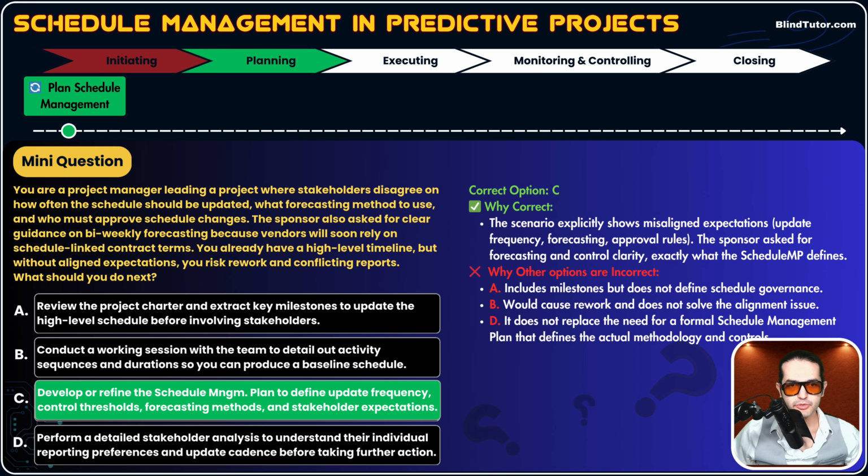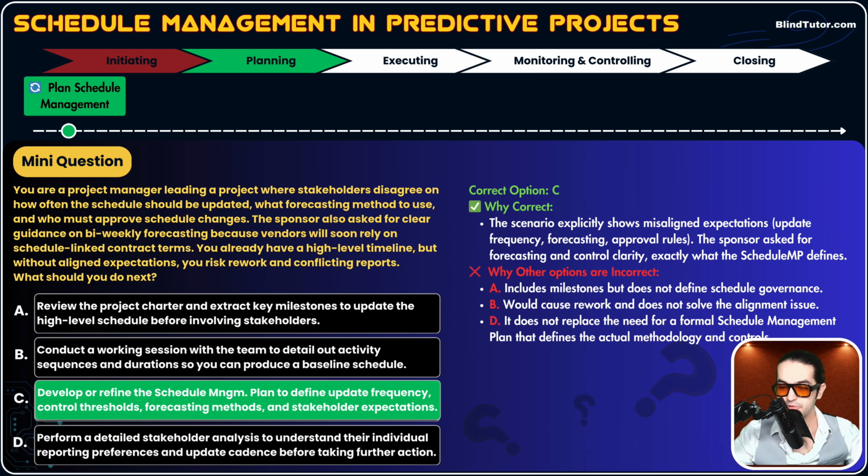Option D says perform a detailed stakeholder analysis to understand their individual reporting preferences and update cadence before taking further action. Guys, this is a nice option, but it is only focusing on update frequencies. There are other concerns too. What about forecasting methods? And who must approve schedule changes?